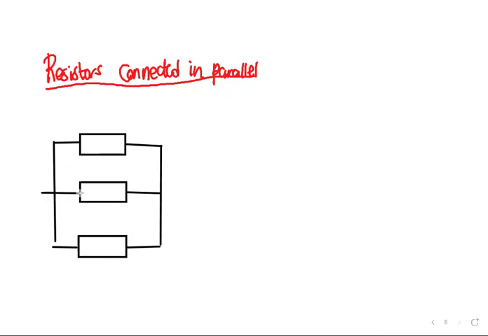So when you speak about resistors connected in parallel, we're speaking about something like that, right? And then remember, this is going to be R1, which is resistor number 1, R2 resistor number 2, as well as R3 resistor number 3. Now in this case I'm just going to make examples. Let's say this one we are given 6 ohms, and then this one we are given 3 ohms, and then this one we are given 1 ohm.